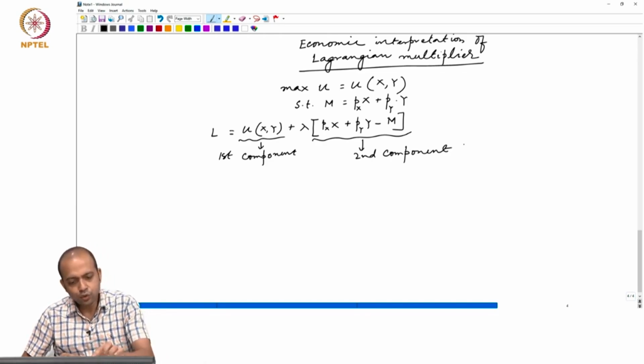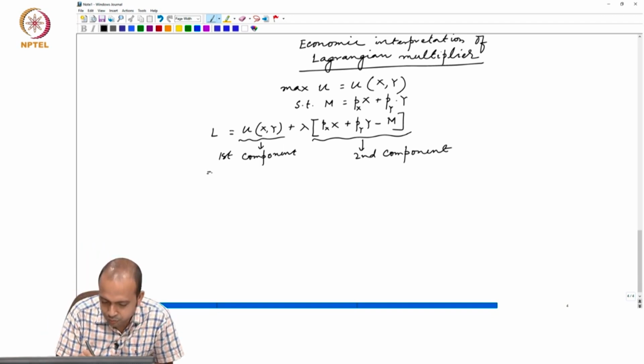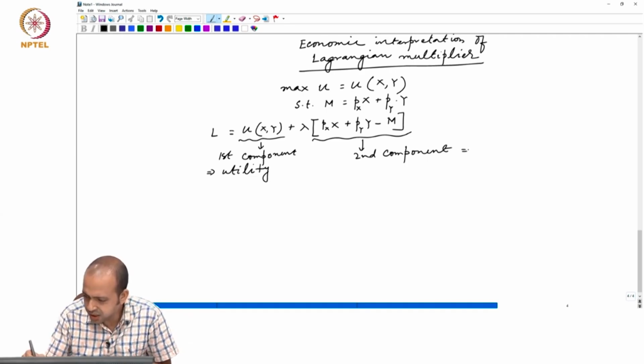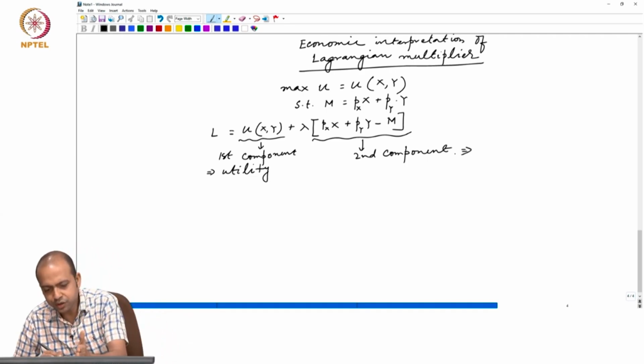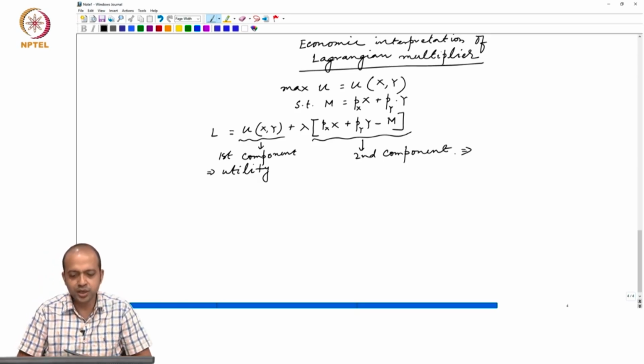Now, the first component of this Lagrangian function is nothing but some amount of utility. And what is this second component actually? For the timing, just keep the lambda part aside. What is the bracketed term px into x plus py into y minus m?